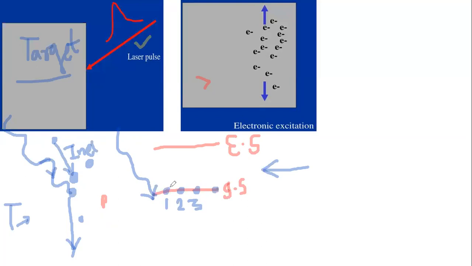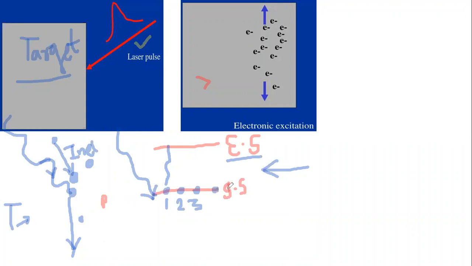So the electronic excitation happens in this way, an electron is stimulated towards the electronic excitation side, that is, from the valence band to the conduction band.